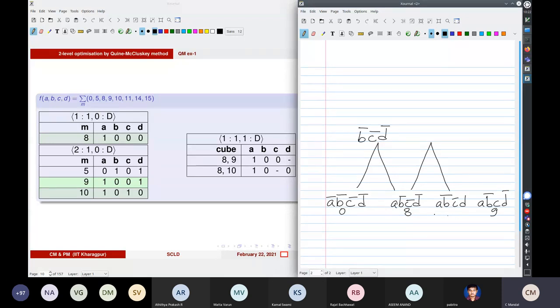So when I combine this, B is dropped. This is 9 and I am considering 10 now.